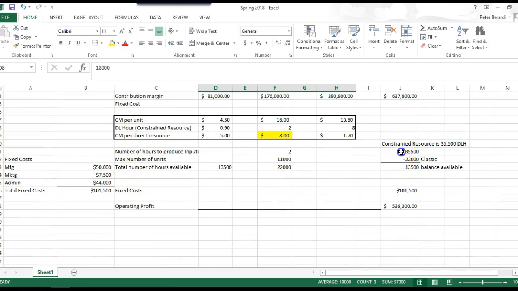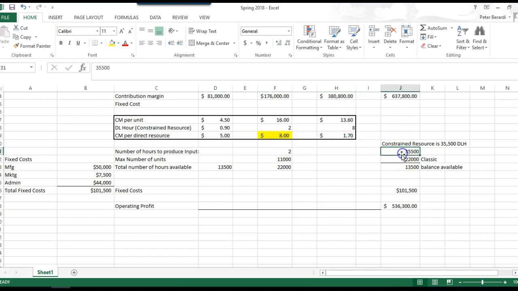What we have to do is allocate this 35,500 based on the most profitable mix of the contribution margin per direct resource, because the direct resource is what's driving the mix.